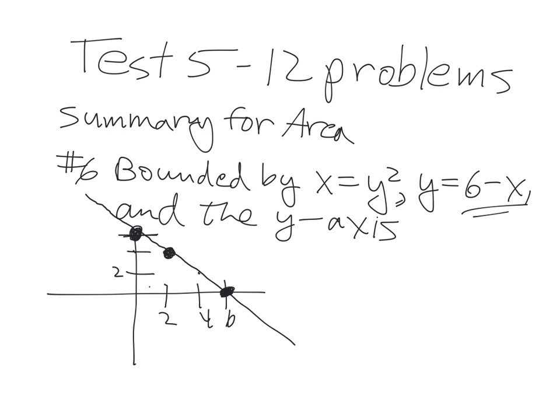Okay, now let's kind of fill in, show what this is going to look like now. X equals y squared. Well, 0, 0 will be on it. 1, 1 probably is not a good point to show very much accuracy here.